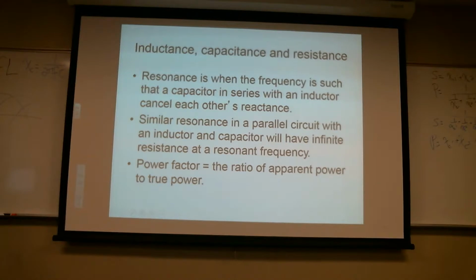Okay, so if I have some inductive or capacitive reactance left over, and that's impacting the circuit, there will be a ratio between true power, which is what I'm actually using, all the lights, the motors, the heaters, and apparent power, which is going over and measuring the amperage and the voltage and multiplying them times each other.